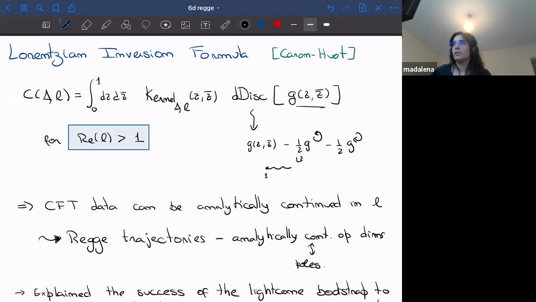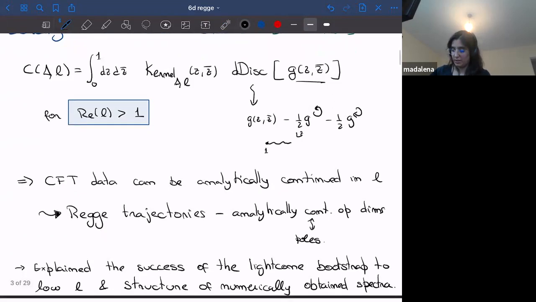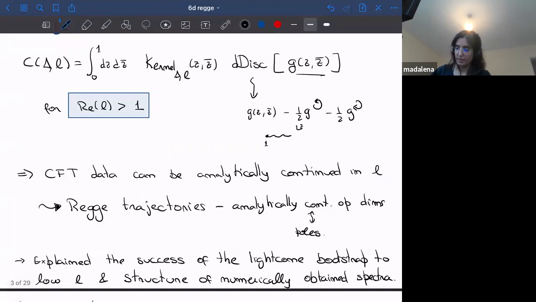And as you've known and seen in many talks at the Bootstrap collaboration, this analyticity in spin has explained the success of the lightcone bootstrap, and also has explained the structure that is observed in the spectrum that's obtained numerically for various theories, for example, for the 3D Ising model.